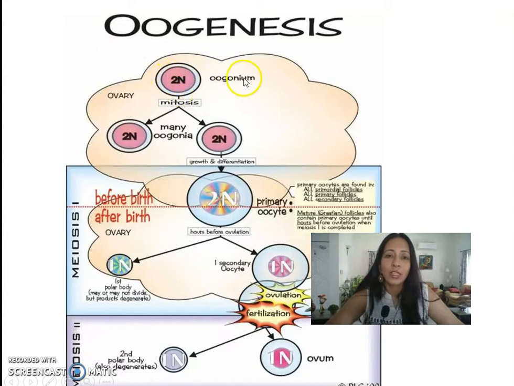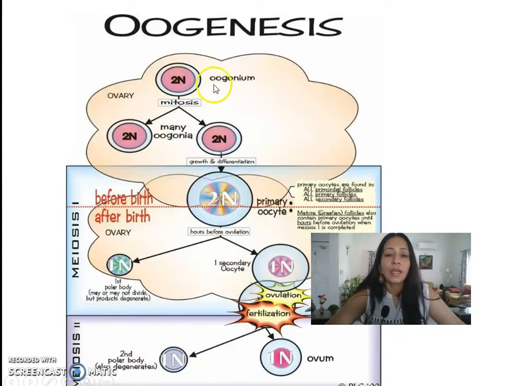Already around a couple of million such oogonia are present, and in the fetal stage only they multiply and produce more such oogonia. So these are ovum mother cells, or gamete mother cells for the female. Where is it happening? It is happening in the fetal ovary.